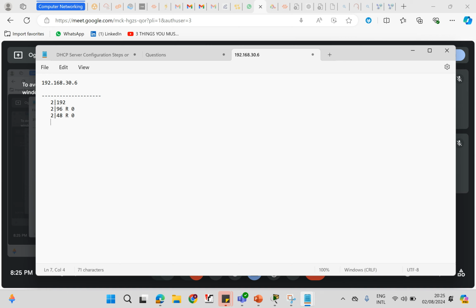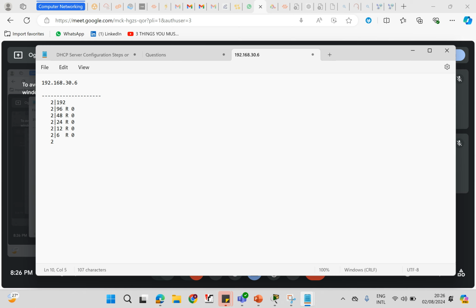Then 2 goes in 48 will be 24, remainder 0. 2 goes in 24 will be 12, remainder 0. 2 goes in 12 will be 6, remainder 0.